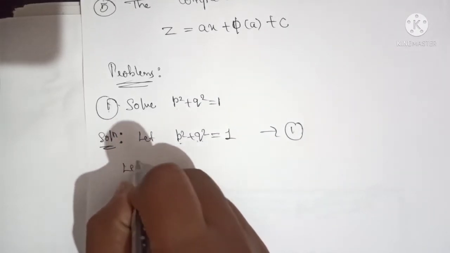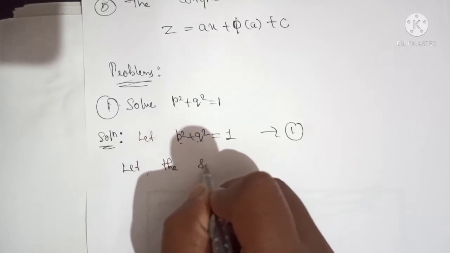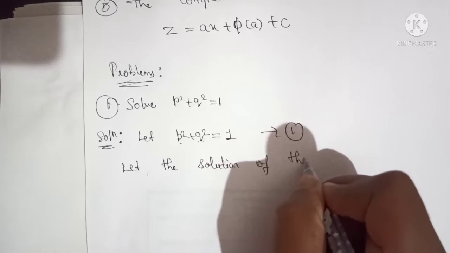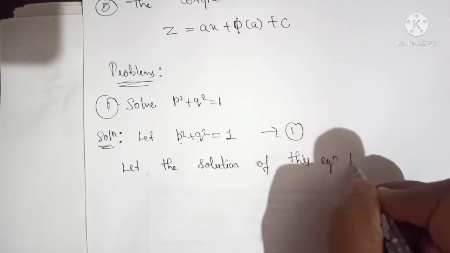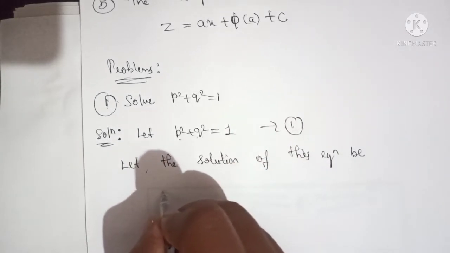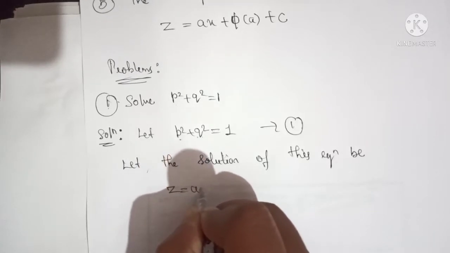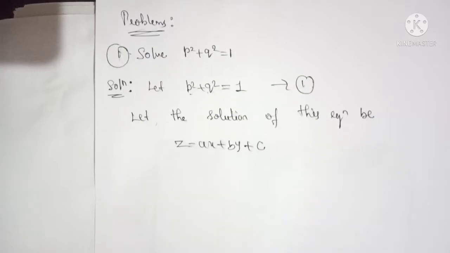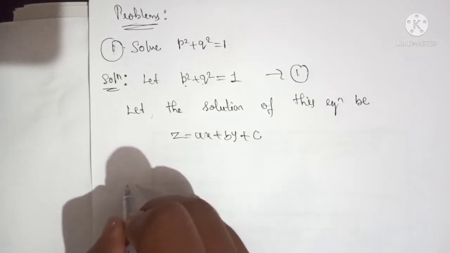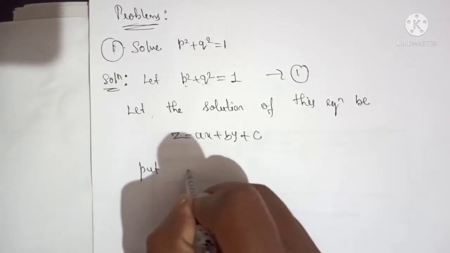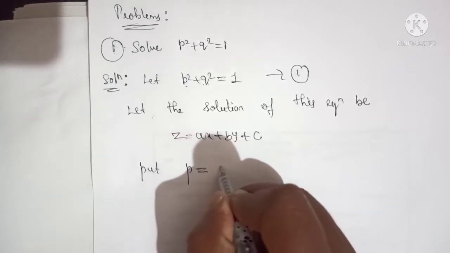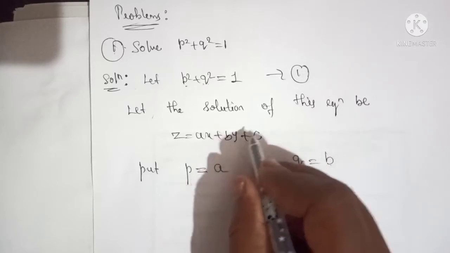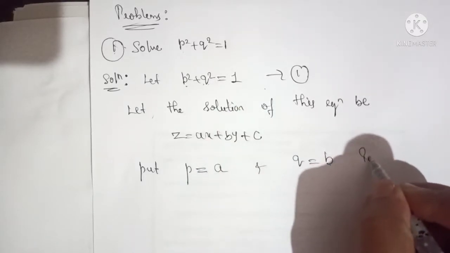Now let the solution of this equation be z equals ax plus by plus c. Okay, now simply replace P by a and Q by b in the given equation 1.